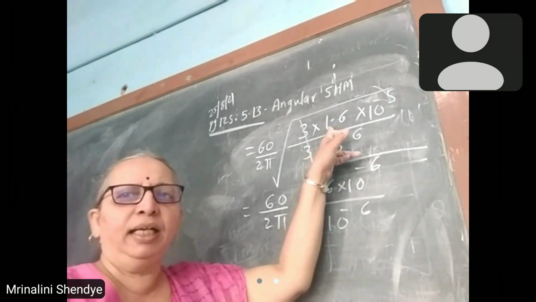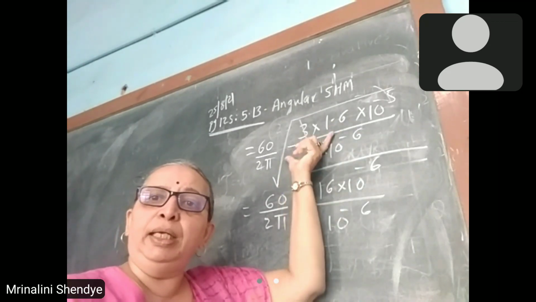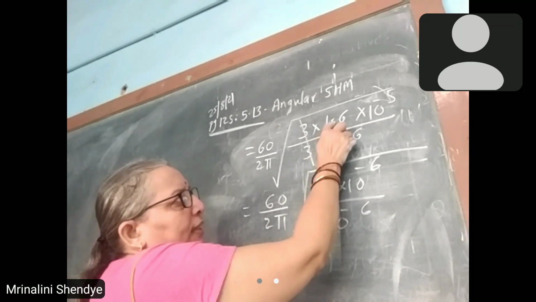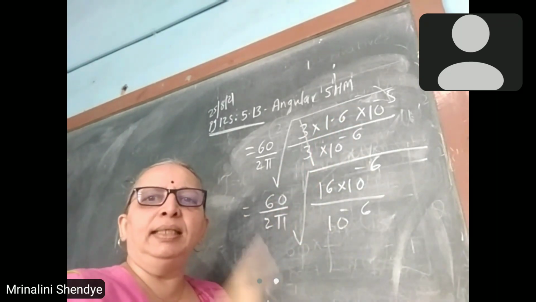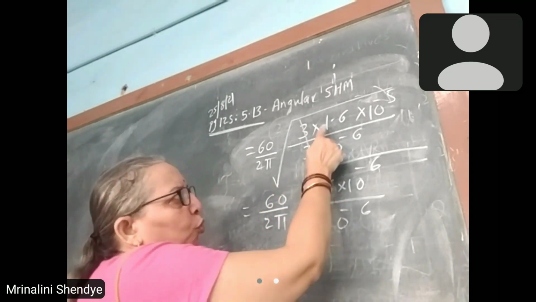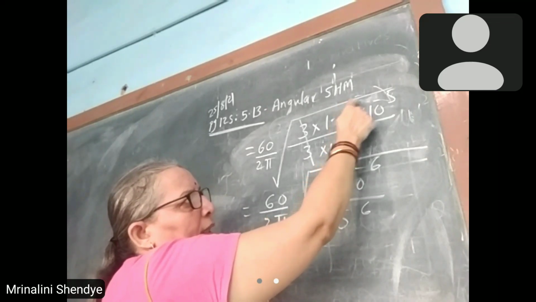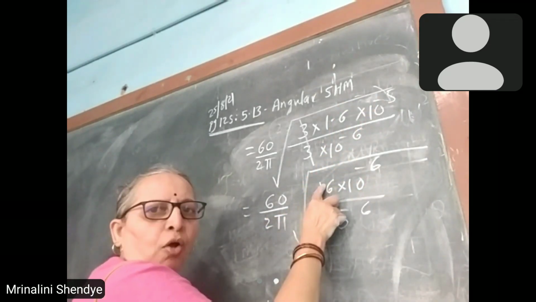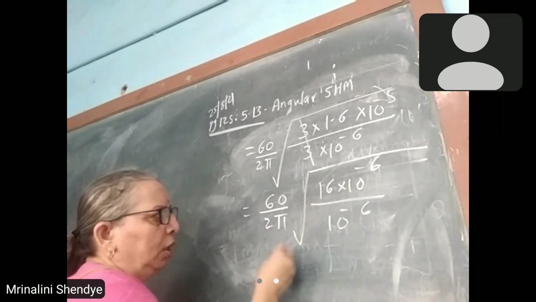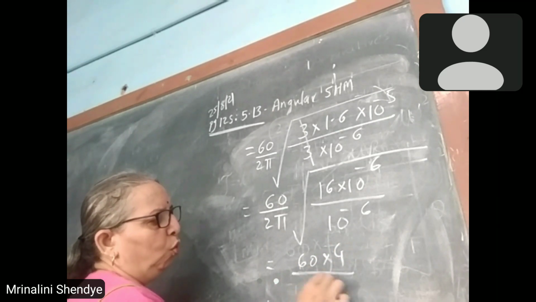I rearranged this: 1.6 is 16 into 10 raised to -1. The decimal moved 1 place to the right, so the power became negative, 1 plus went so the power is 1. So 1.6 is 16 into 10 raised to -1. -1 -5, how much is that, it is -6. Square root of 16 will be 4. So it will be 60 into 4 upon 2 pi.